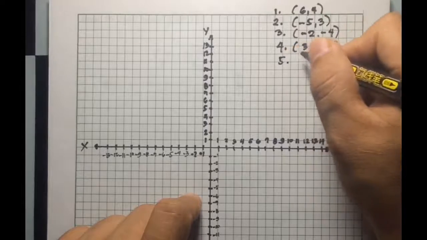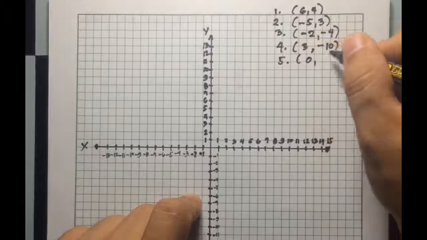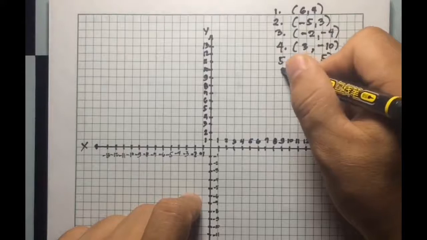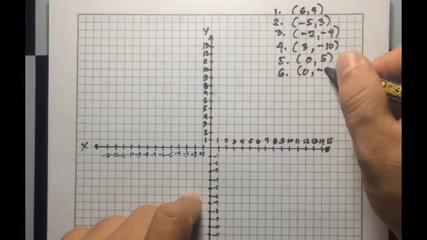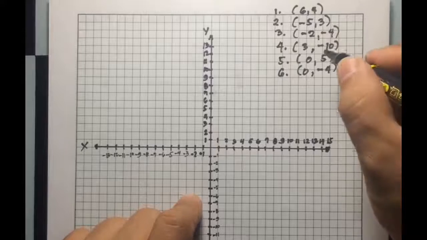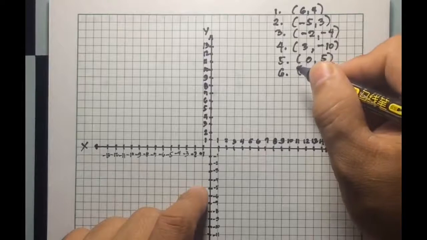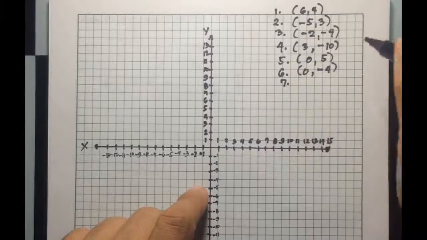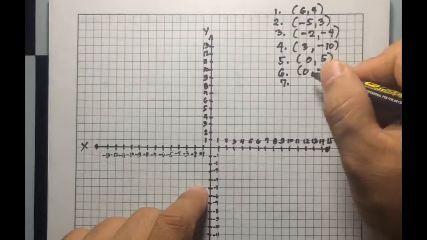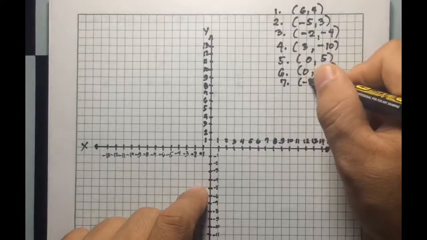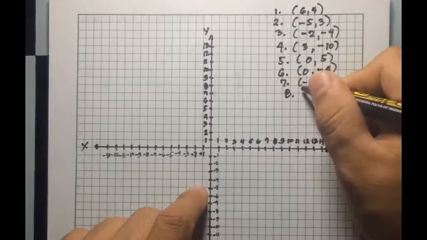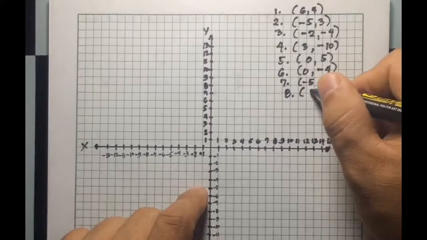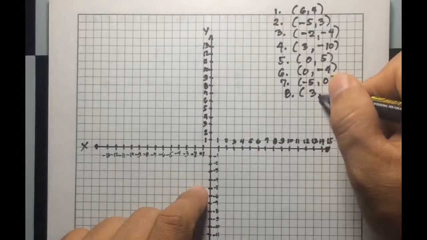Number 5, 0, 5. Number 6, 0, negative 4. Number 7, negative 5, 0. And number 8, 3, 0.